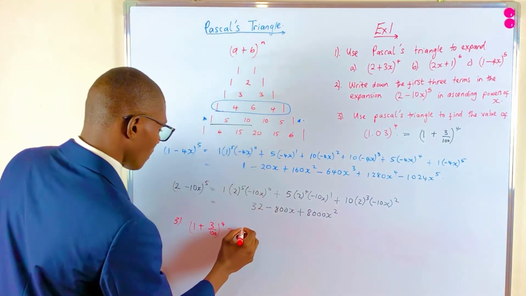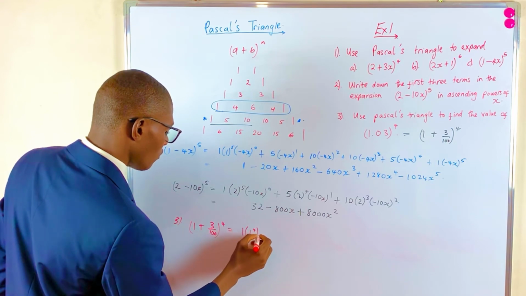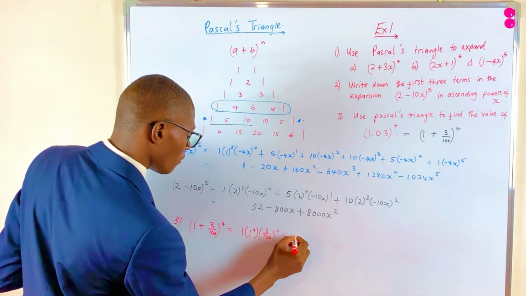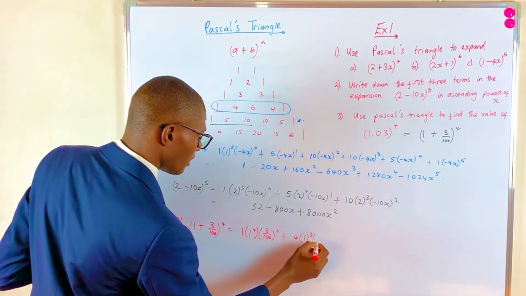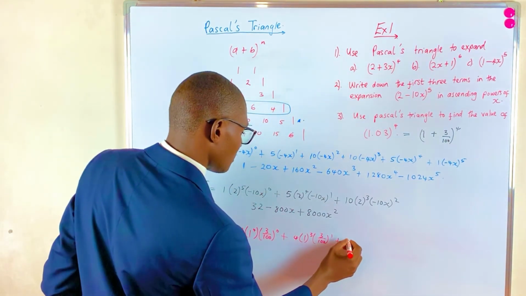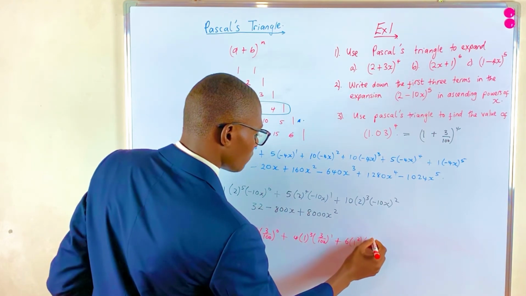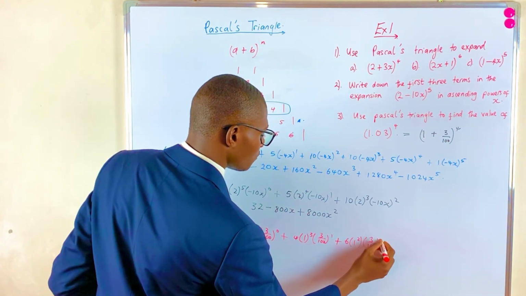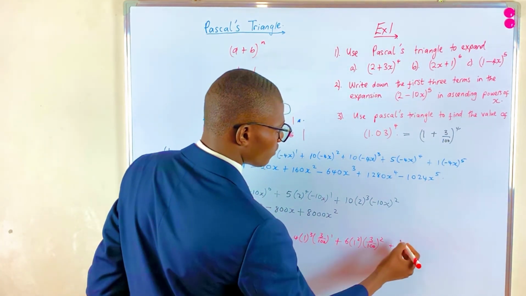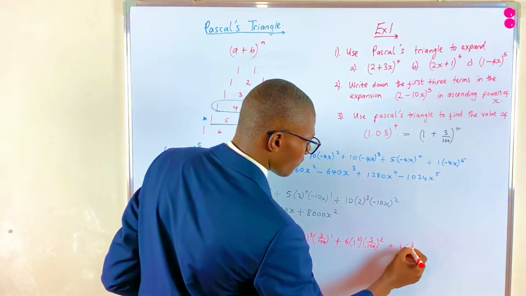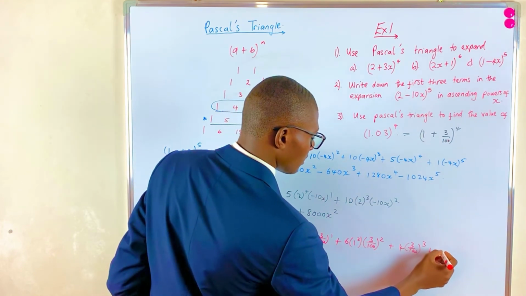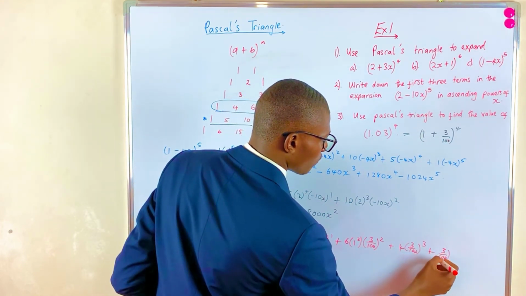equal to 1 times 1 to the power of 4, 3 over 100 raised to the power of 0, plus 4 times 1 to the power of 3, 3 over 100 raised to the power of 1, and then plus 6 times 1 squared, 3 over 100 raised to the power of 2, right, and then plus 4 times 1 to the power of 3, which is just 1, times 3 over 100 raised to the power of 3, and then plus 1 times 3 over 100 raised to the power of 4.